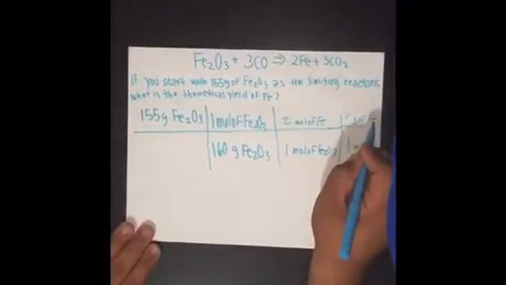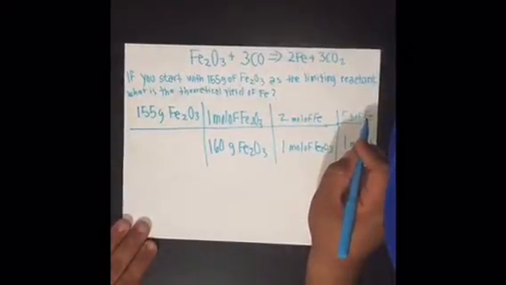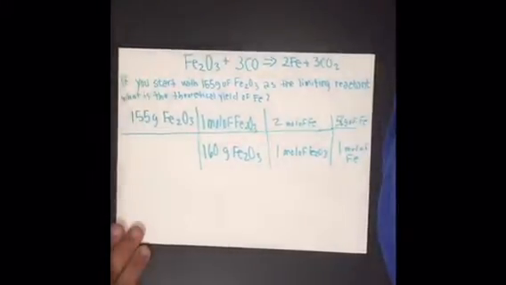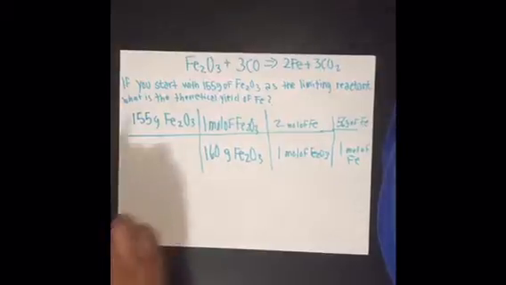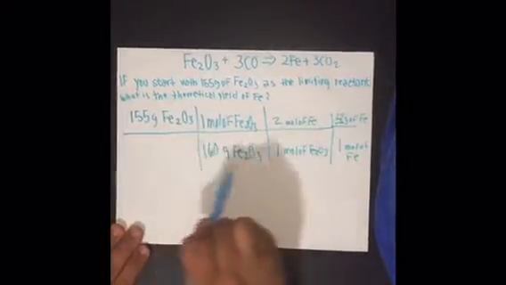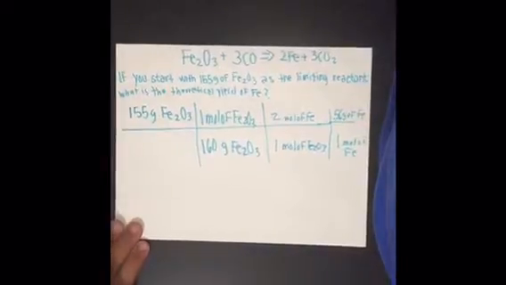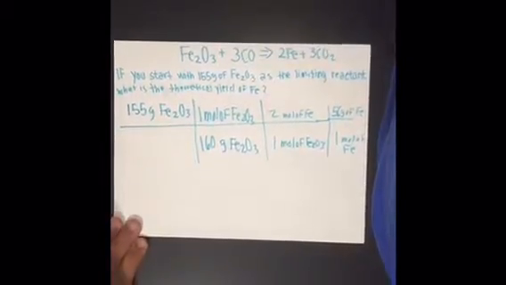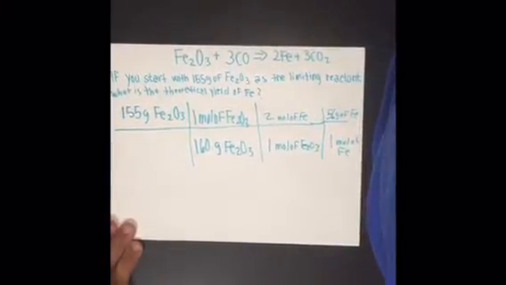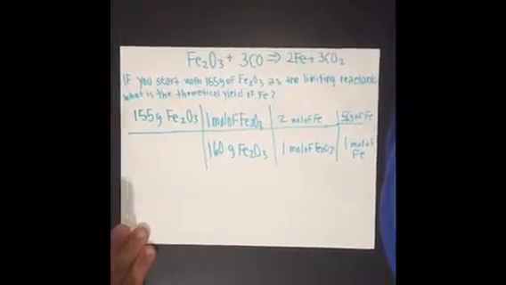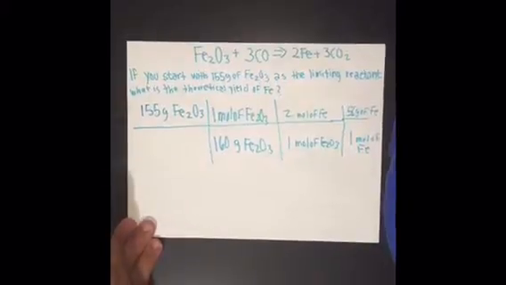For Fe, you go into your periodic table, Fe equals 55.85, round it off to 56, and you get calculator, multiply, and then divide, so 155 times 1 times 2 times 56 divided by 160 divided by 1 divided by 1.